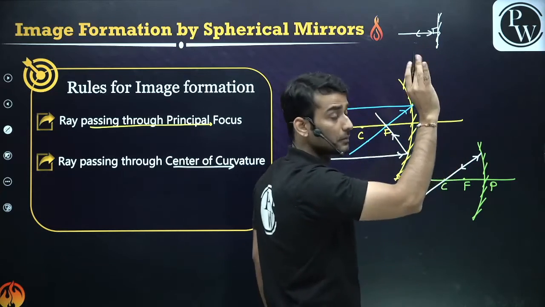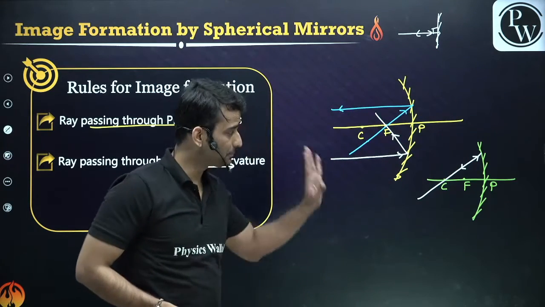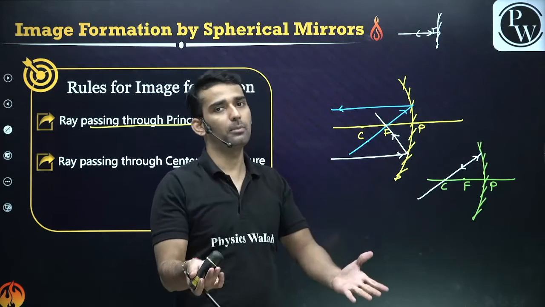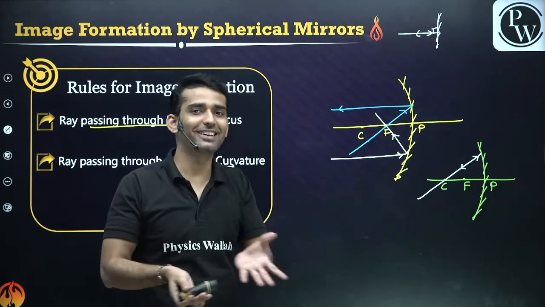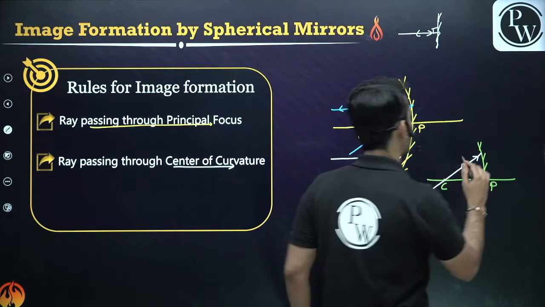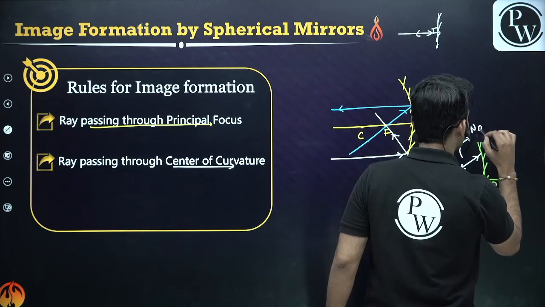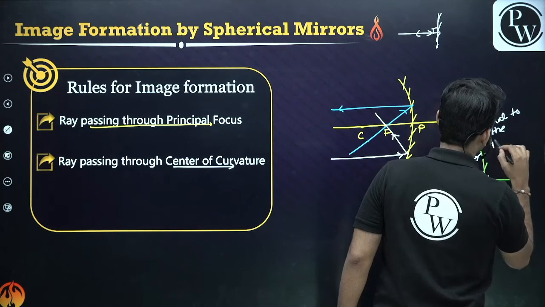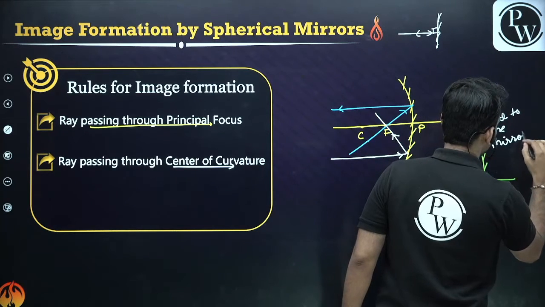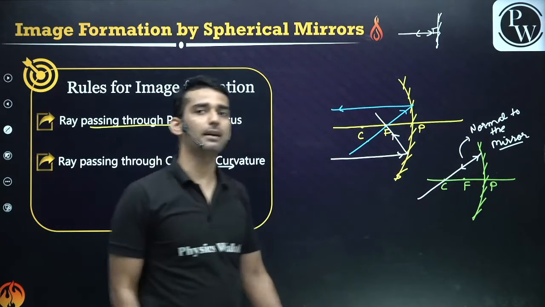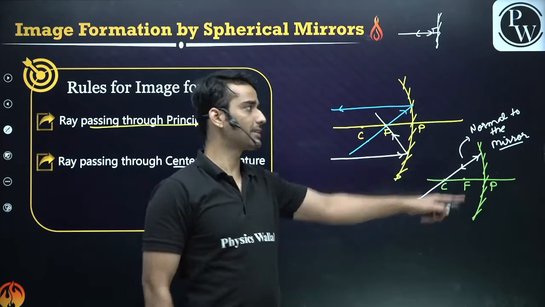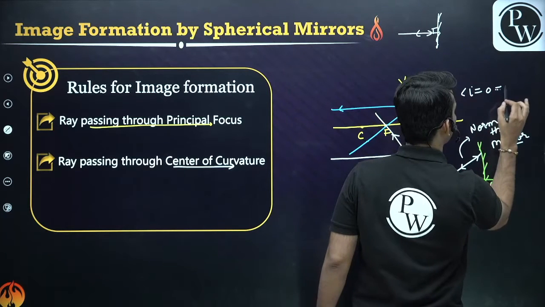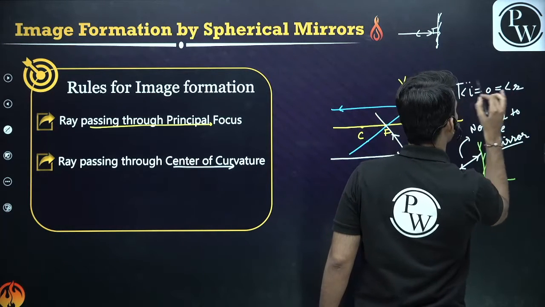Any ray passing through the center of curvature is normal to the mirror. That's why it retraces its path. Is it clear? Here the angle of incidence is 0, because it is along the normal, and the angle of reflection is also 0 for a ray passing through C.